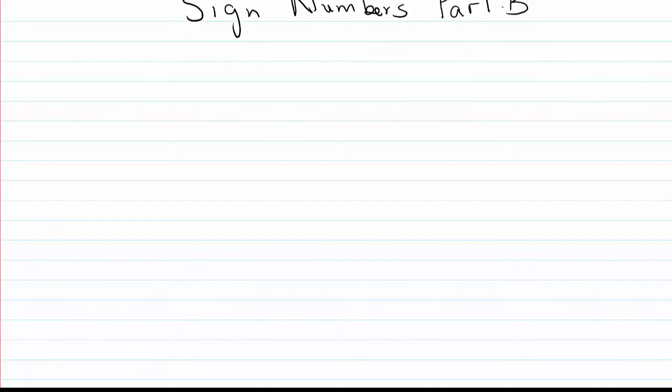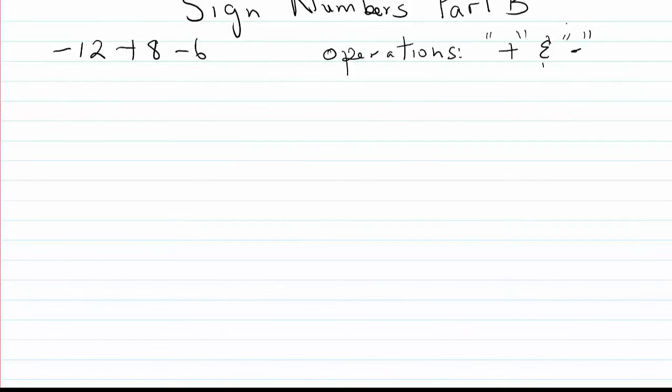In our last video, we introduced addition and subtraction of sign numbers, such as -12 plus 8 minus 6. And we said that if the operation in the problem is addition and subtraction, we work from left to right. So for example, since my operation here is addition and subtraction, we will work from left to right.